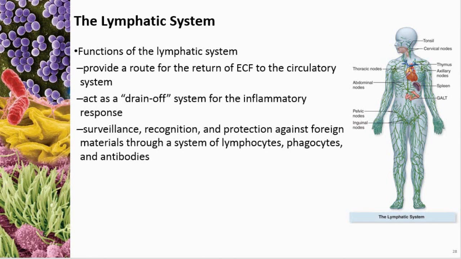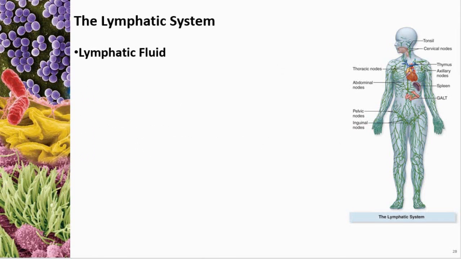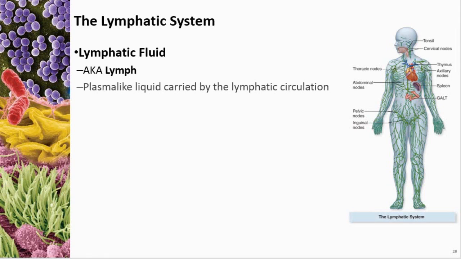But the other function that we're going to focus on in this chapter, and this is the important function, is the surveillance, recognition, and protection against these foreign materials, cells, those sorts of things. So lymphatic fluid, also known as lymph, is a plasma-like liquid because it was plasma right before it became lymph. Actually, that's not true.